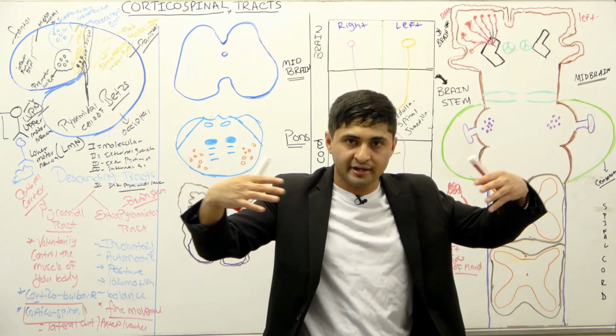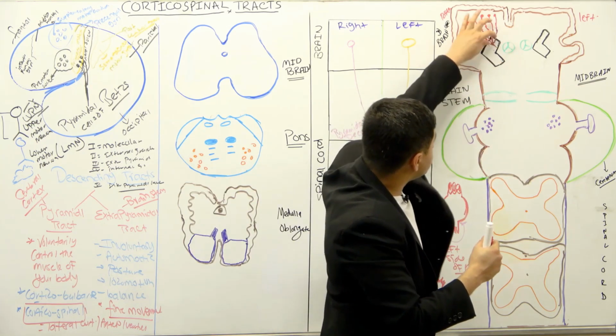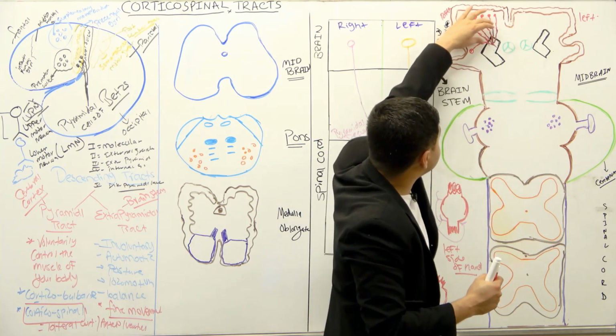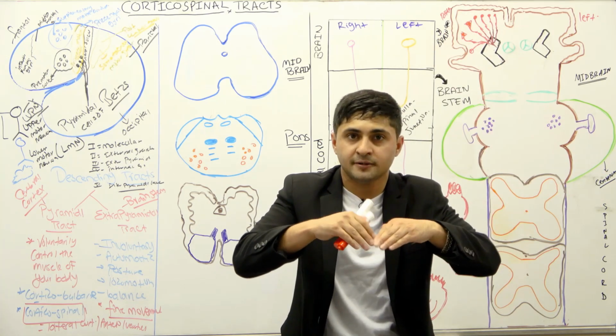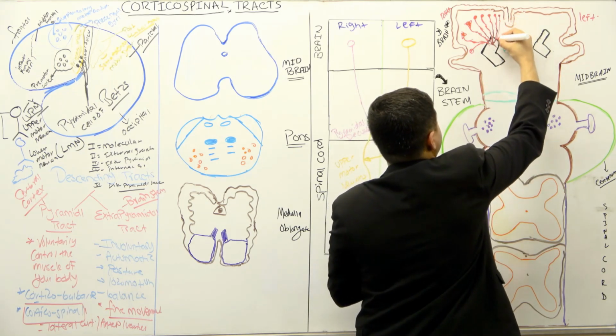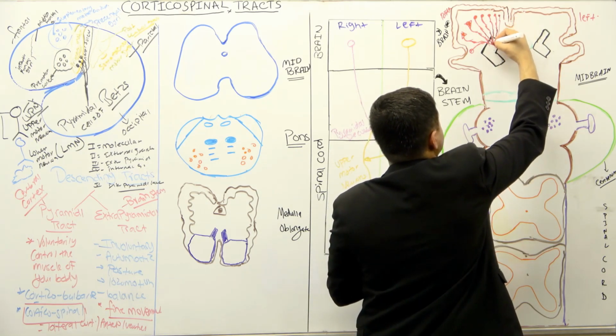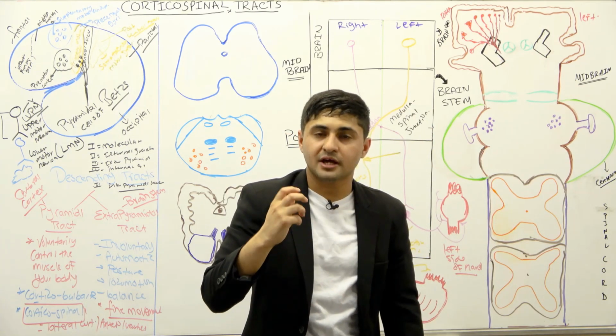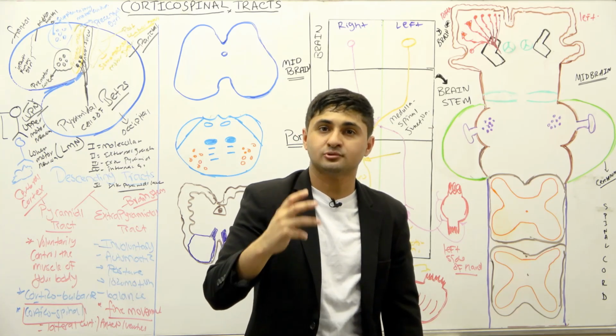But when they're coming down, they have to pass through this posterior limb of the internal capsule. They all come together and merge, and they have to pass a very, very small, narrow area like this, right? This is very important because, remember, sometimes there could be something called a capsular stroke.